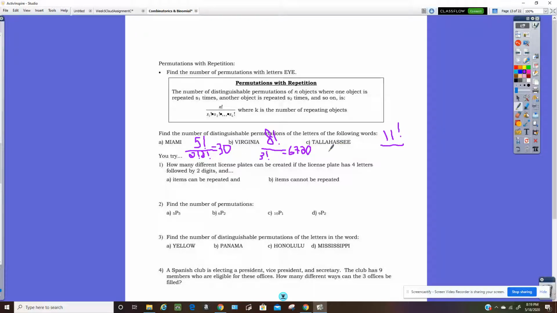And then there's 1, 2, 3 A's, and 2 L's, and 2 S's and 2 E's.